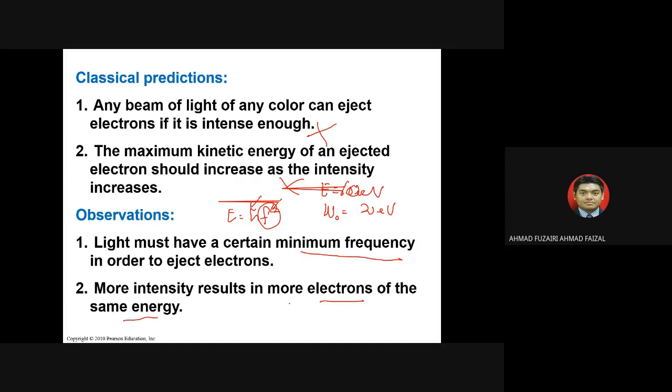We are talking about the quantity of electrons; intensity results in more electrons of the same energy. How can we make the same energy? Because it comes with the same frequency. And of course the classical prediction cannot explain what the quantum explanation below will explain.